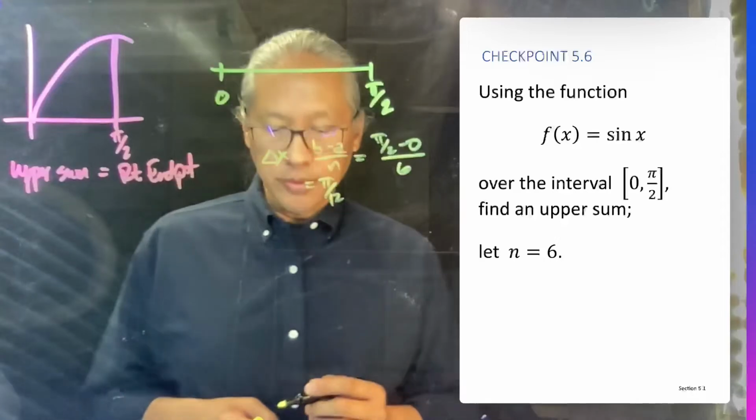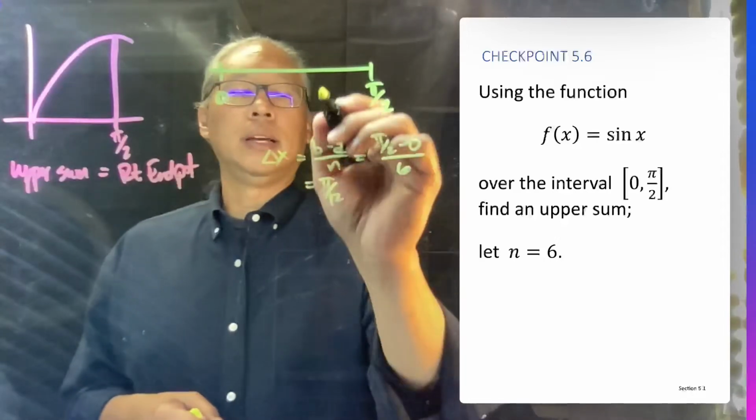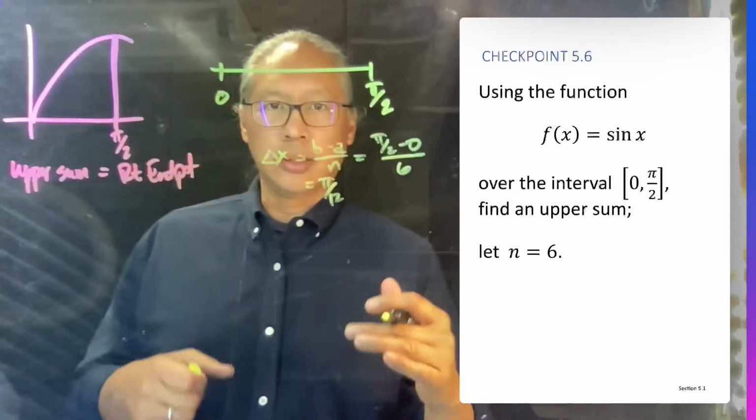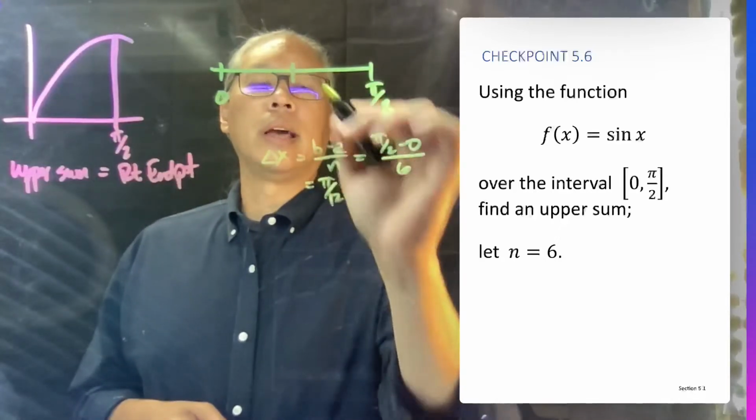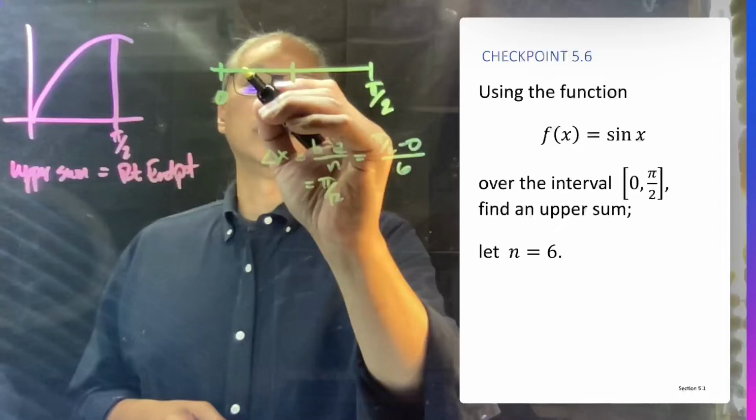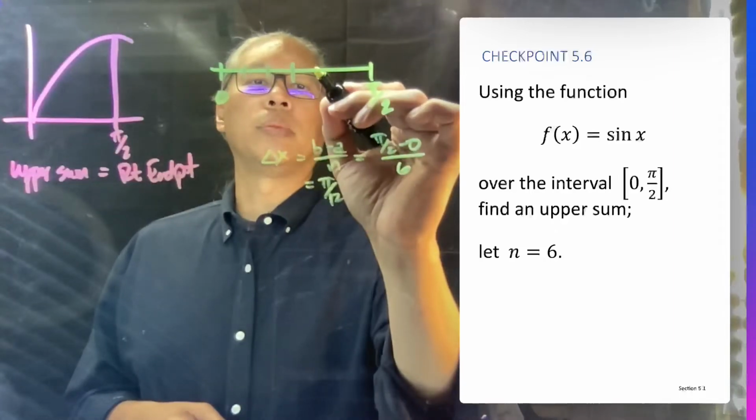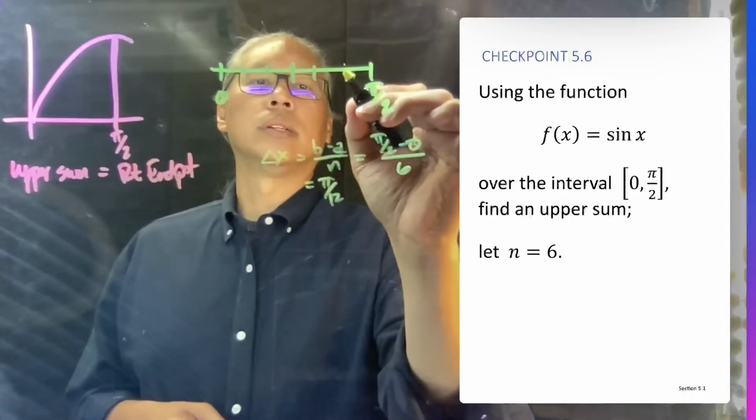So pi over 12 is our delta x, and that means we're going to have steps of pi over 12. I think this will cut in half, and then we'll cut each of them into 3 pieces. That will make 6 pieces.